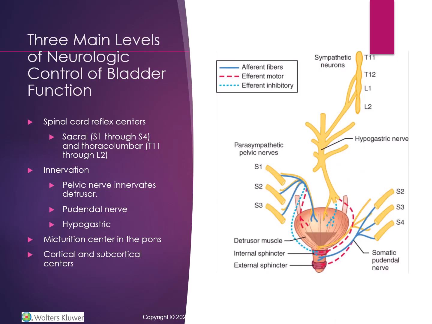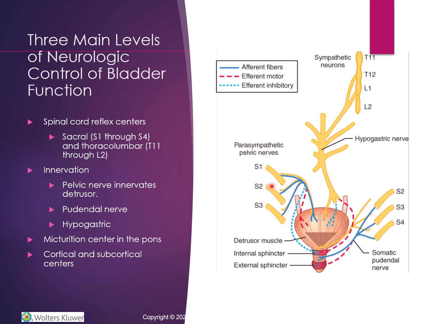So then we'll talk about the three main levels of neurologic control of bladder function. Neurologic control of bladder function involves the parasympathetic nervous system, the sympathetic nervous system, as well as the somatic nervous system. So we have three levels of neurological control. The parasympathetic nervous system, which we see represented right here, is responsible for bladder emptying.